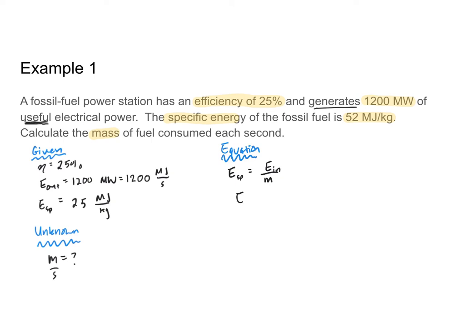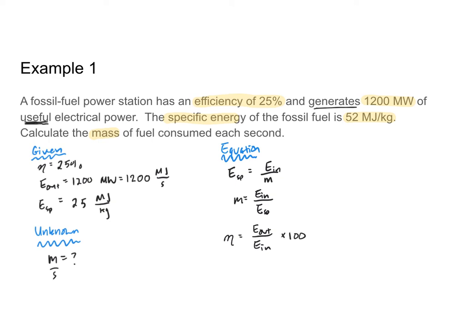Thus, my mass must be equal to the energy required to be input divided by my specific energy. I also know that eta is equal to my energy output over my energy input times 100.